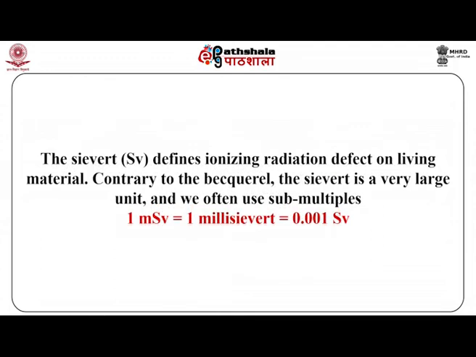The sievert, that is Sv, defines ionizing radiation effect on living material. Contrary to the becquerel, the sievert is a very large unit and we often use submultiples. 1 mSv is equal to 1 millisievert, which is 0.001 sievert.